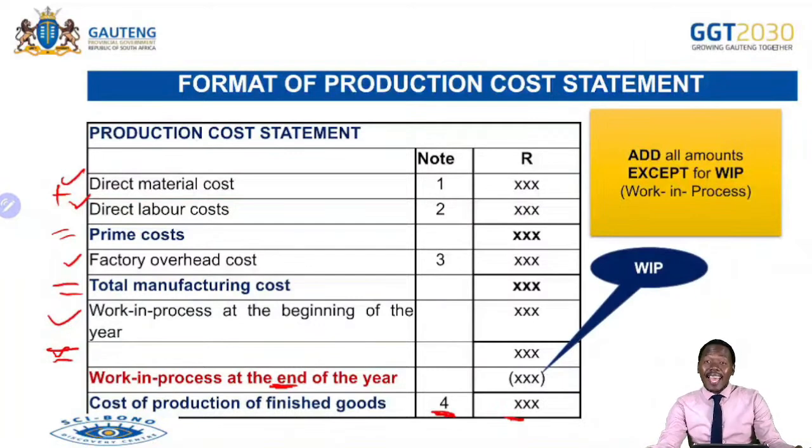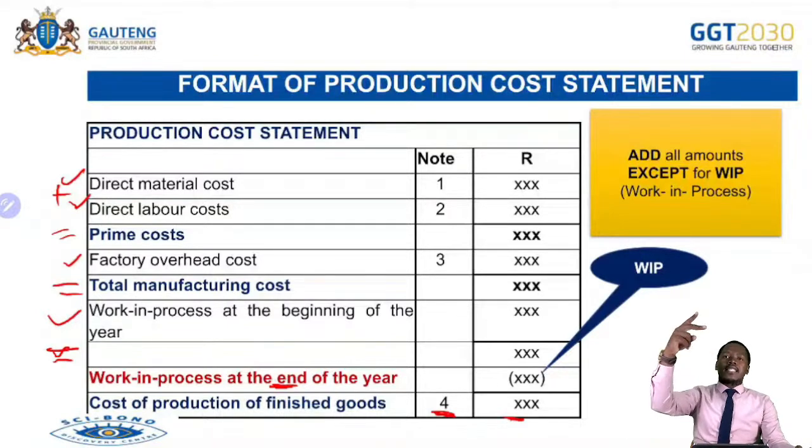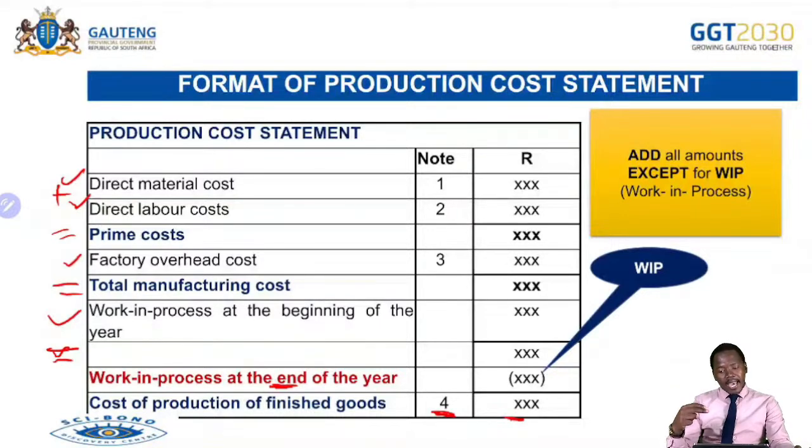Work in process at the end will be subtracted. The rest of the items will be added. Remember, 2 items add, 2 items add, 2 items add, and then the last one we subtract.